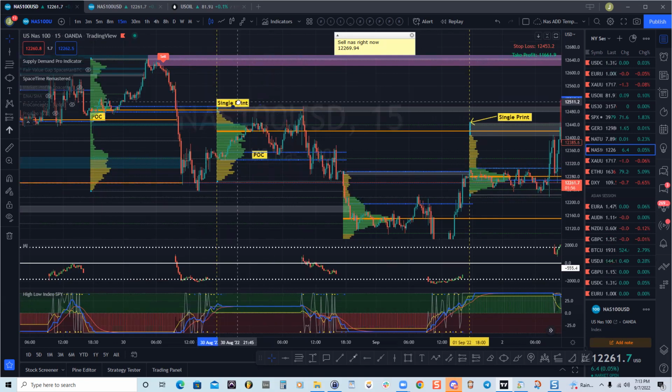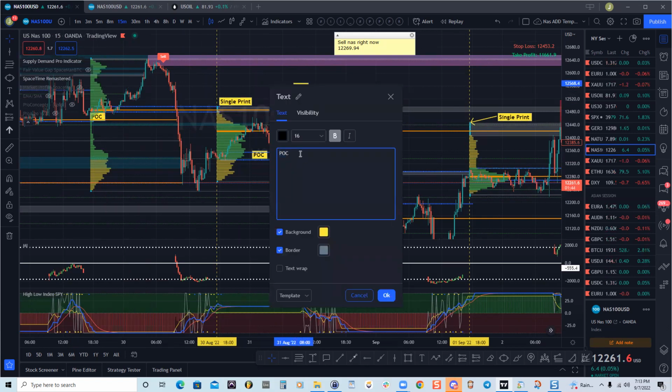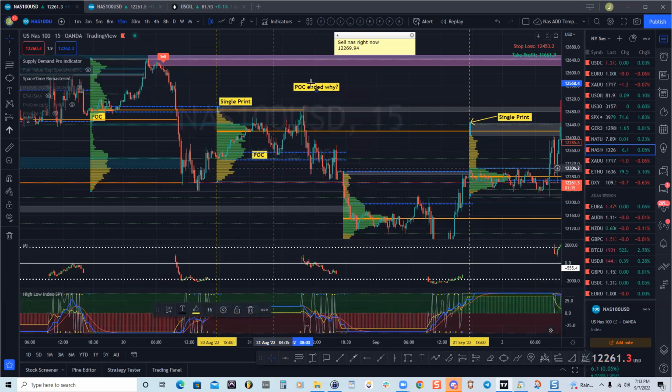Fingerprints here, right? But this PLC ended right here. Why? Why did this end here?